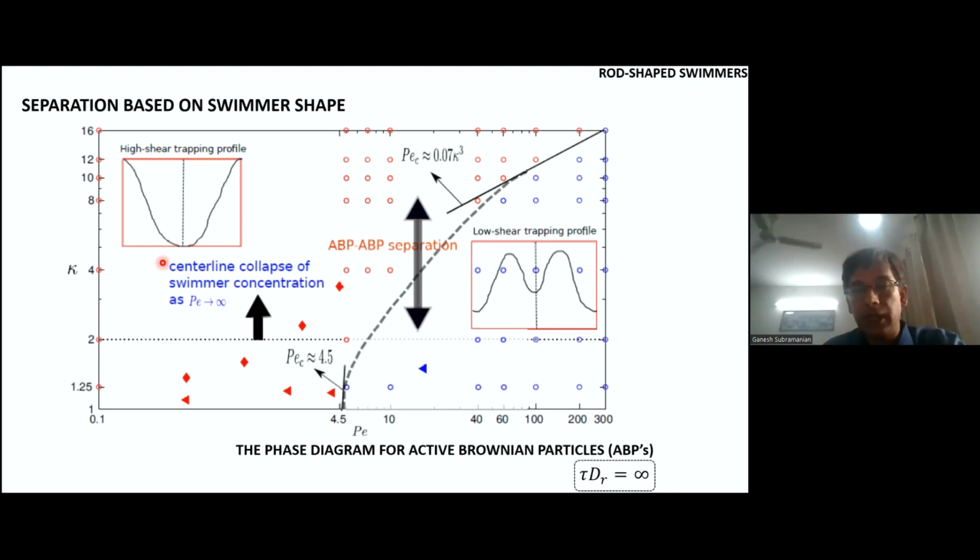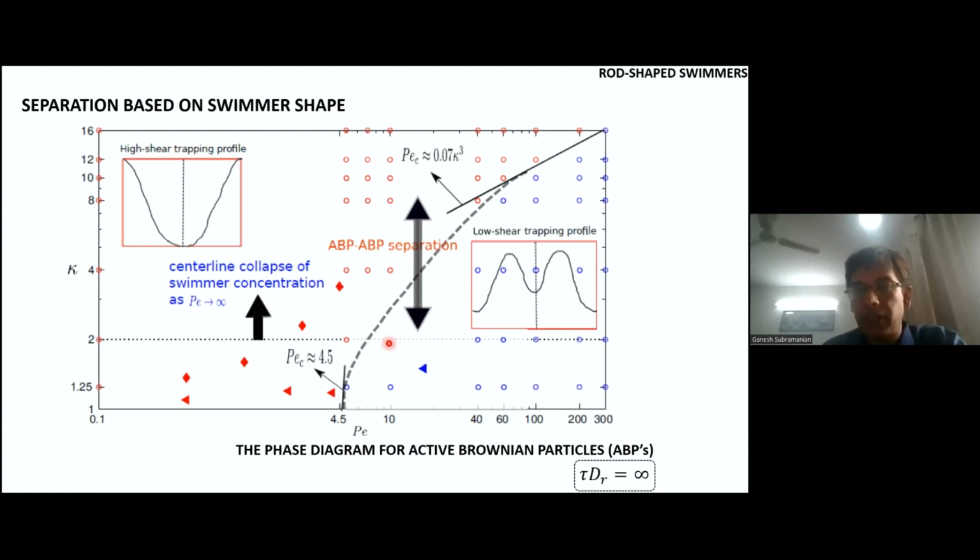You move from the high shear trapping regime here, which is denoted by the red symbols, to the low shear trapping regime. And therefore, if you have enough of these points, you can loosely draw a boundary between the high shear and low shear trapping regimes. And that's a good thing.